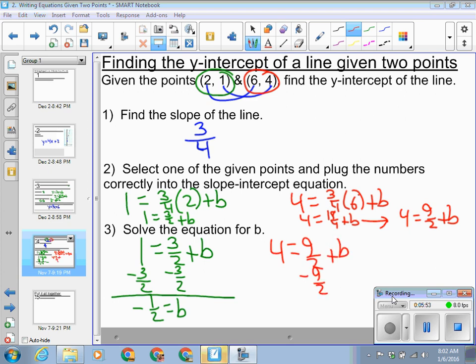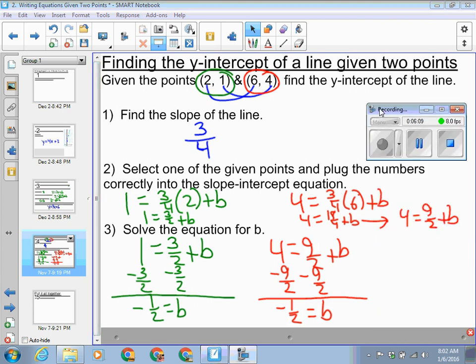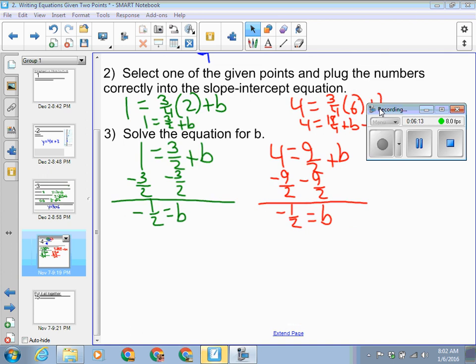Subtract 9 halves from both sides. Now it's easier to make 9 halves into 4 1/2. And again, doing our math properly, we get the same exact y-intercept. And then from there, once we have the y-intercept, we rewrite the equations. And each time, we know our slope is 3/4.